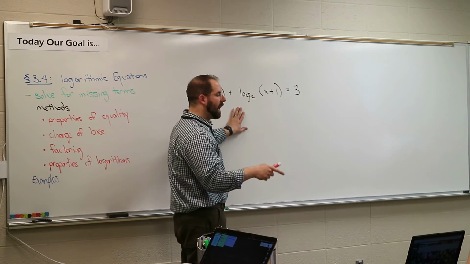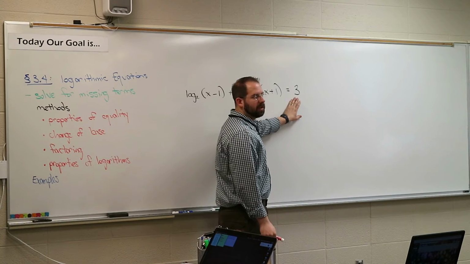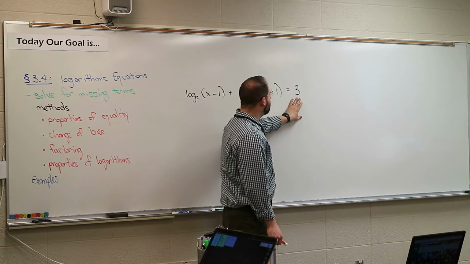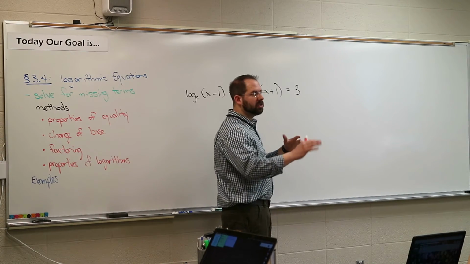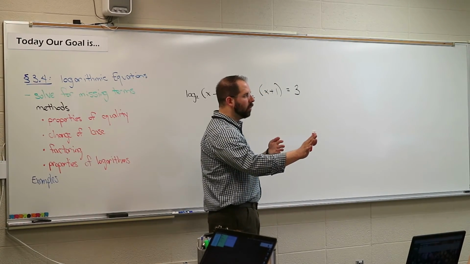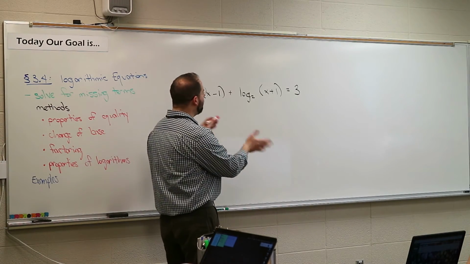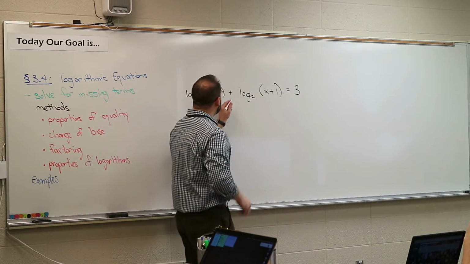You only have to do that if there are single numbers by themselves. If you don't have single digits like this, you don't have to move them to both sides. In this case, I have all the logs on one side.